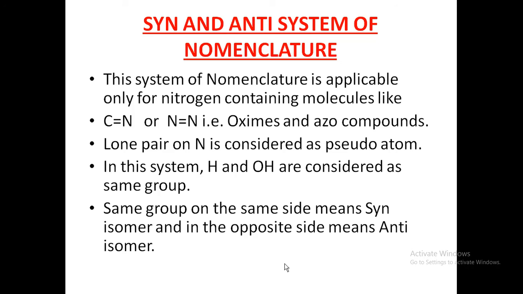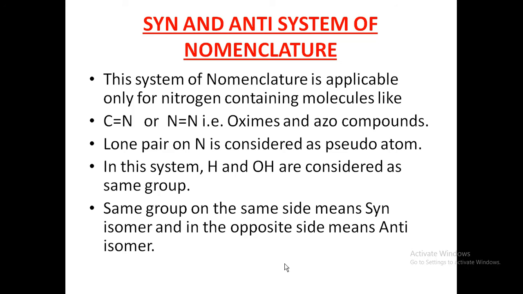When all the 4 substituents are different, cis-trans is not applicable. The syn-anti system is applicable only for nitrogen containing molecules like C double bond N, N double bond N, that is oximes and azo compounds.